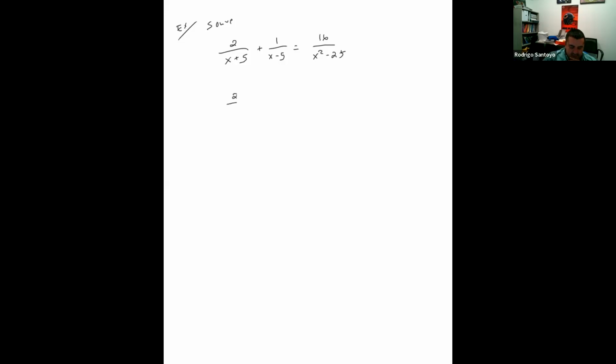So we factor. You should notice that the last denominator is just the product of the first two denominators. You should also notice that that's the LCD.